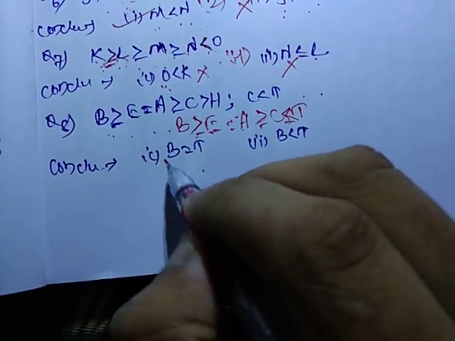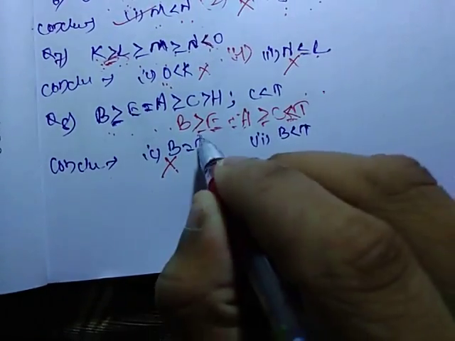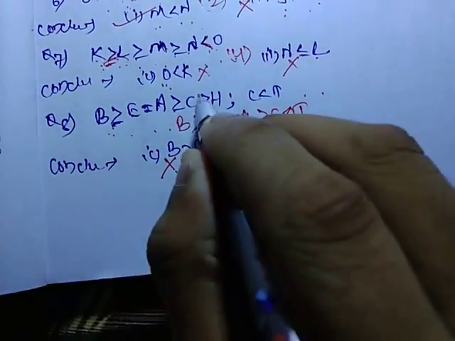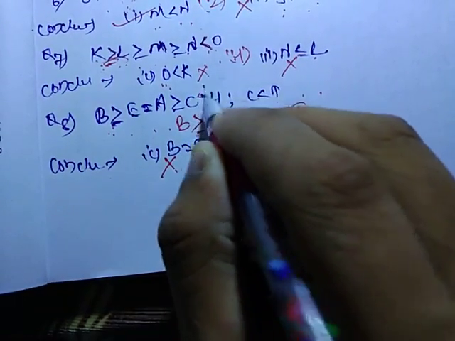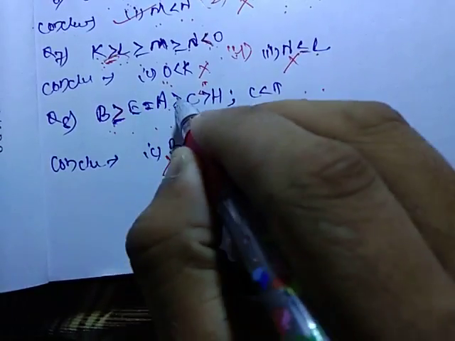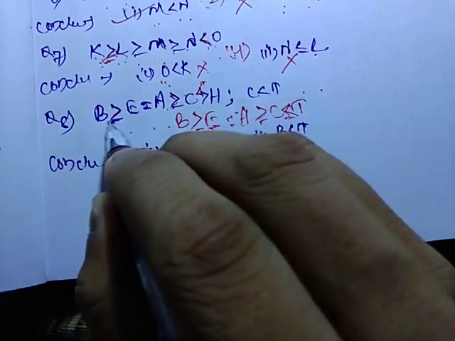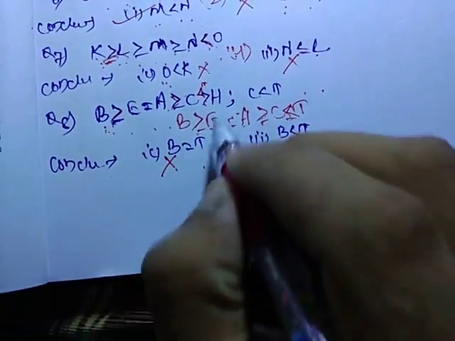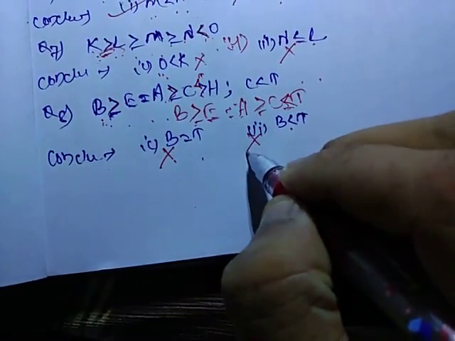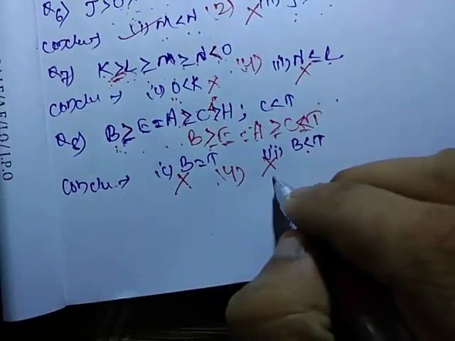So this statement is false. B equals t cannot be possible in this question. Next, b is less than t. If we take c is less than t, b is less than t is also not possible, because there are different signs, two opposite signs in two related variables, so this statement is also false. So our option number 4 is the answer of that question.